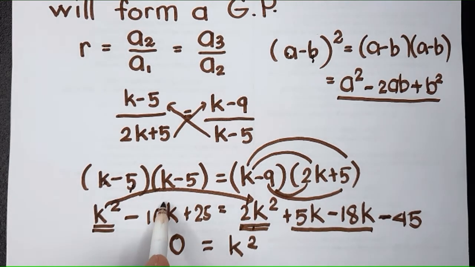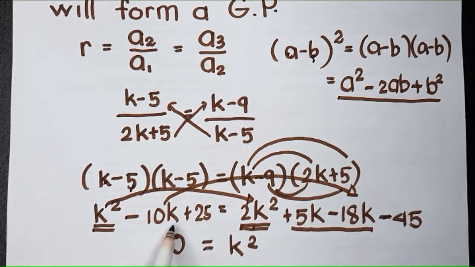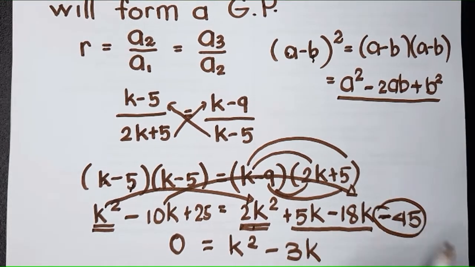And then, I transpose this to the other side. So, it becomes positive 10k on the other side. So, I have negative 13k plus 10k. You will only get minus 3k. And then, what about the constants? I have negative 45.